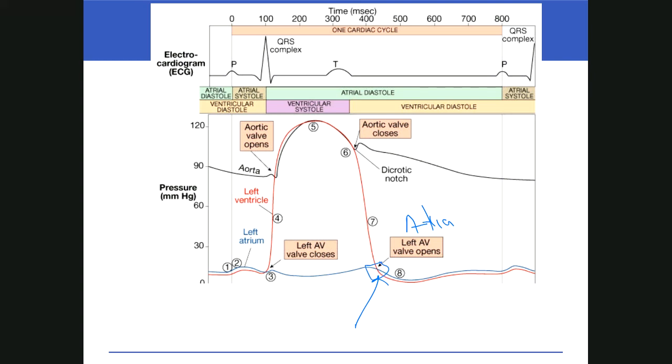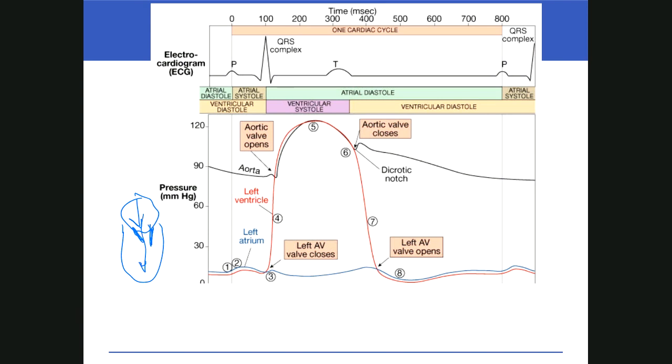And so as soon as that happens, that means that the pressure in the atria is now higher than it is in the ventricles. And so the pressure this way is higher. So this valve is going to open back up and blood's going to go this way.